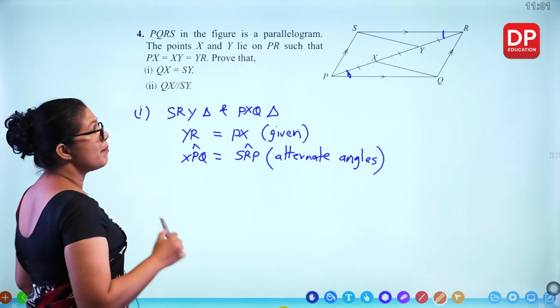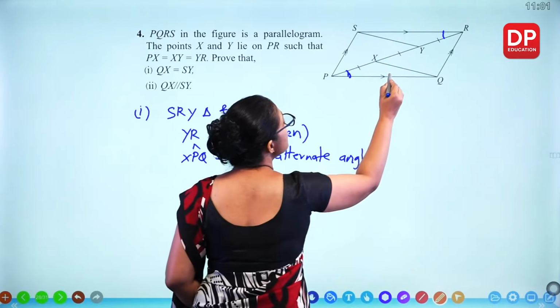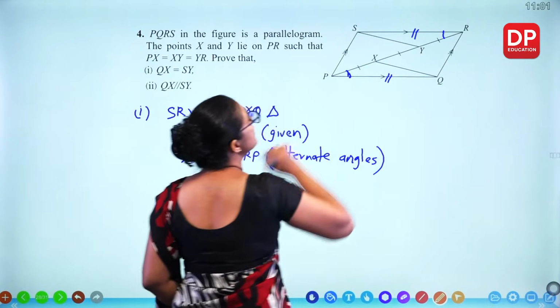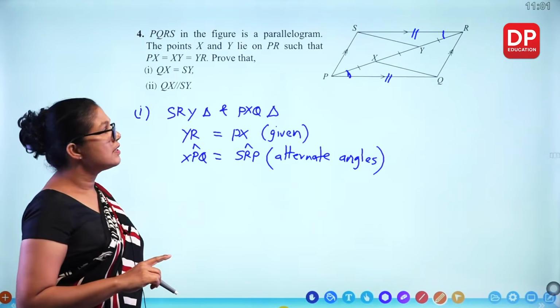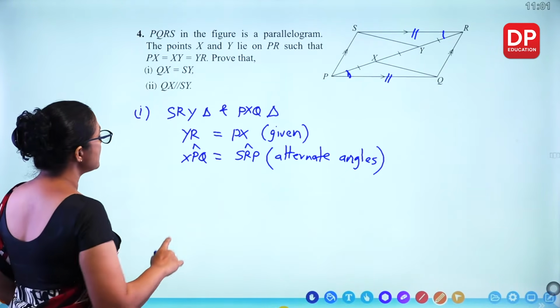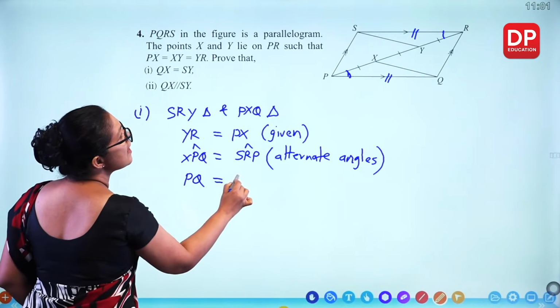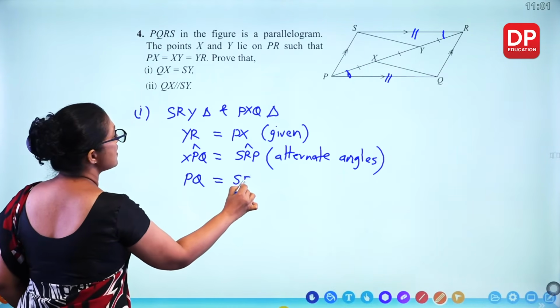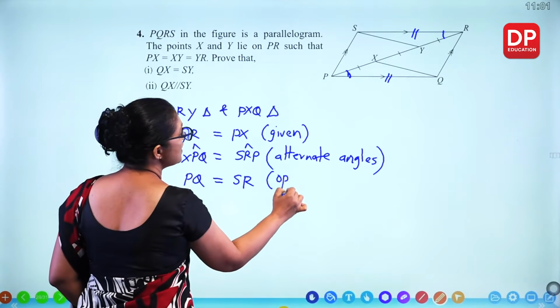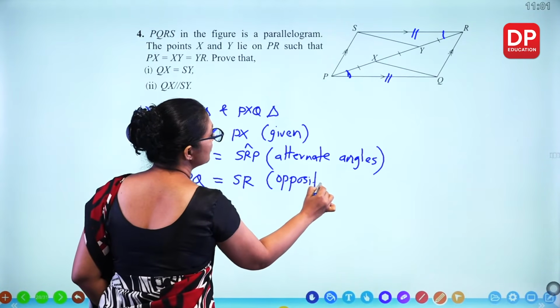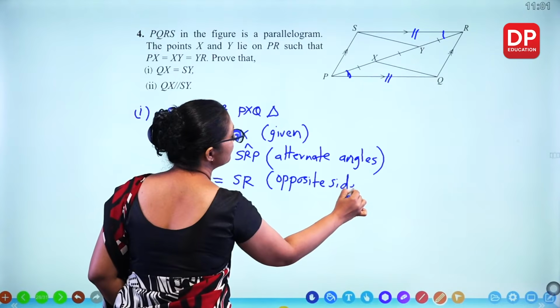And also this is a parallelogram. Opposite sides are equal according to theorem. So opposite sides are equal means PQ is equal to SR. Opposite sides of a parallelogram.